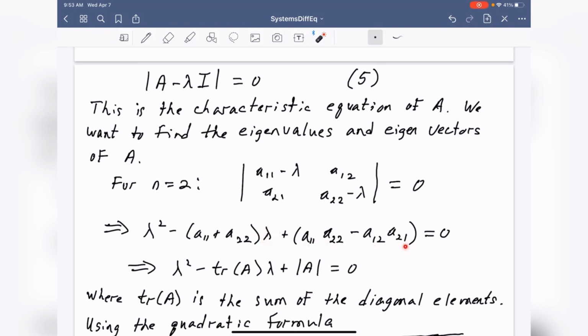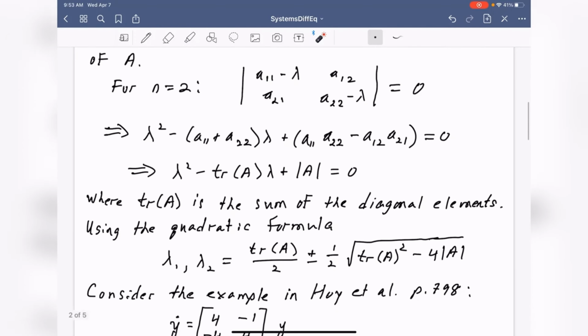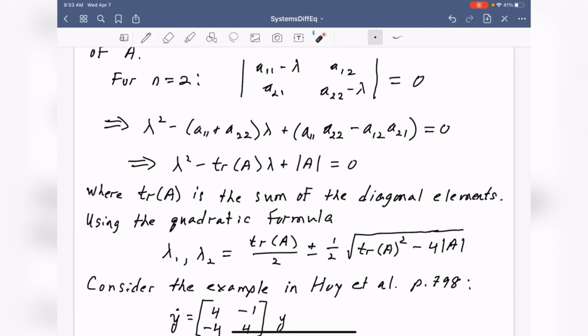And this is the determinant of that original A matrix. Then using the quadratic formula, we find that lambda 1 and lambda 2 are given by the trace of A over 2 plus or minus 1/2 times the square root of the trace of A all squared minus 4 times the determinant of A.